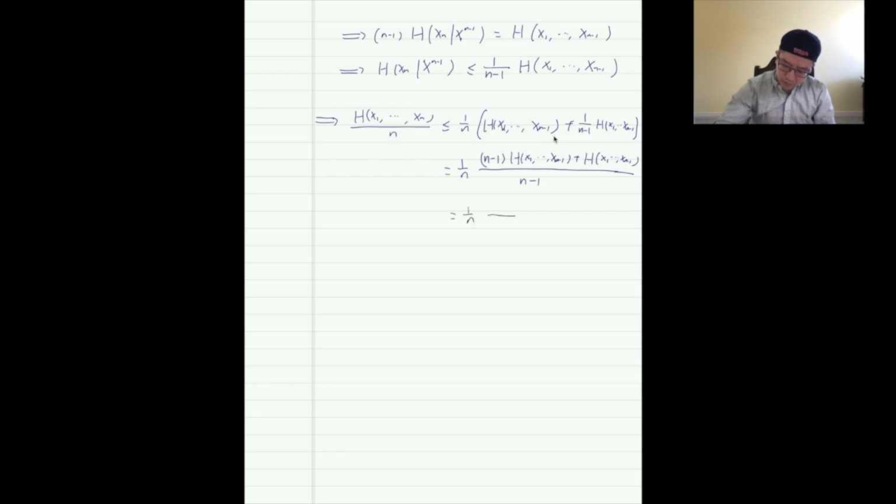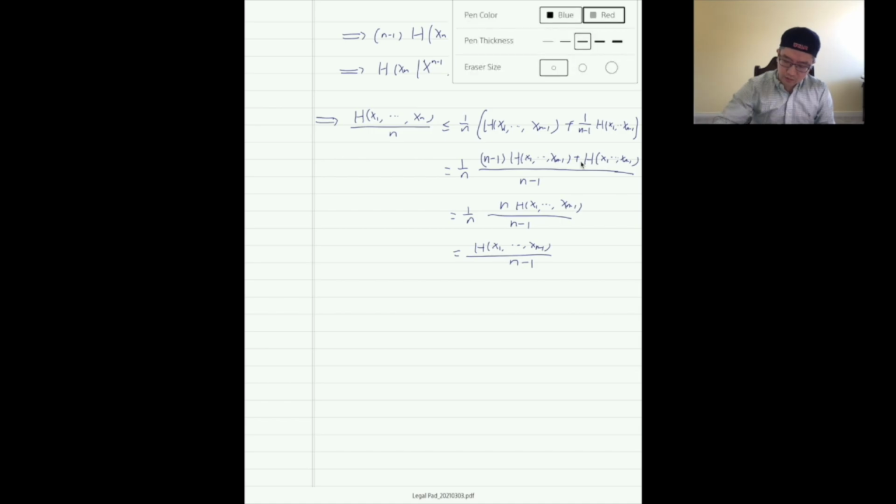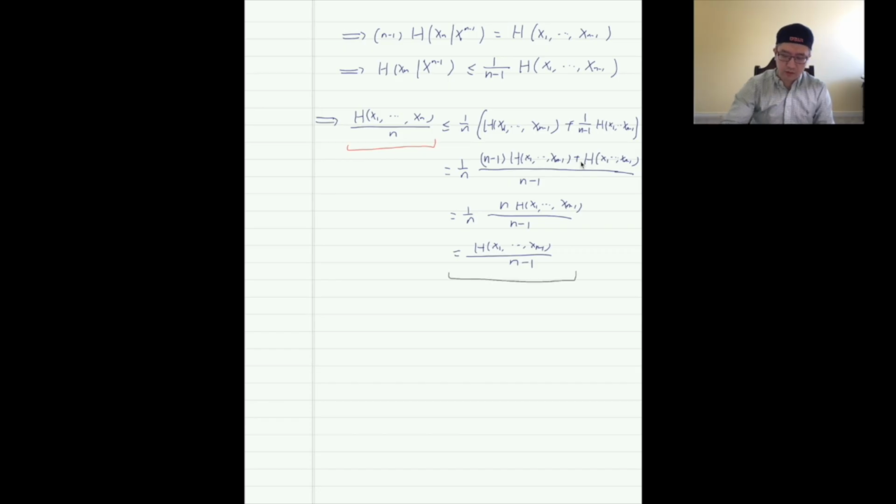Therefore it's equal to n minus 1, and upstairs n minus 1 plus 1 gives n times H(X1 till X_{n-1}). You can see that this is exactly what we want to show. Let's use red: this is less than or equal to this. So now we finished the proof of this part.